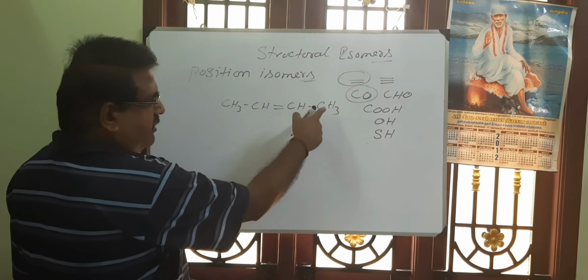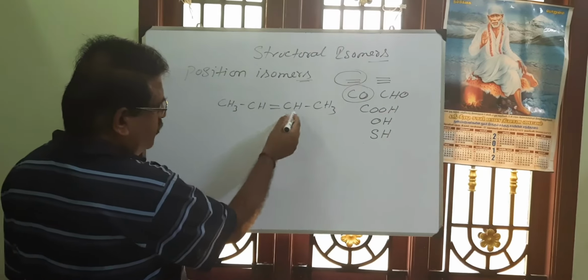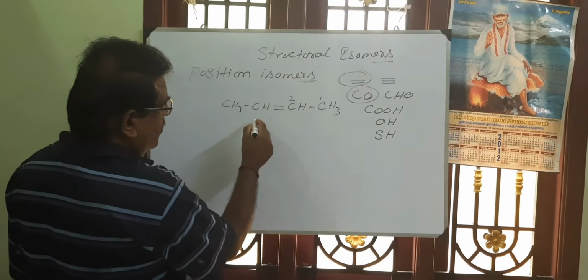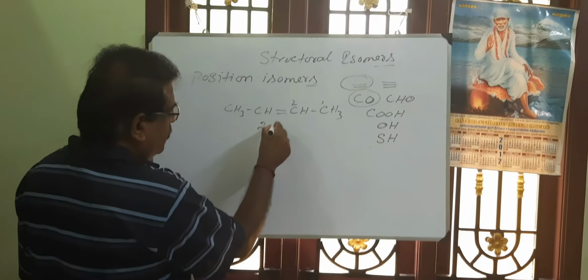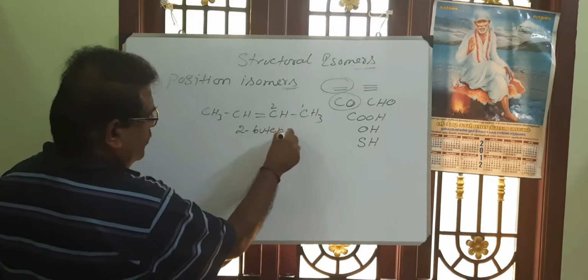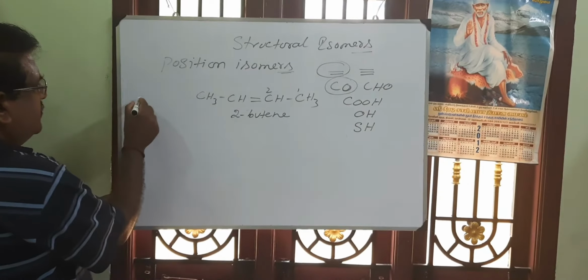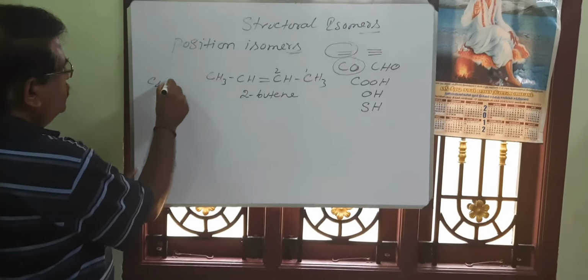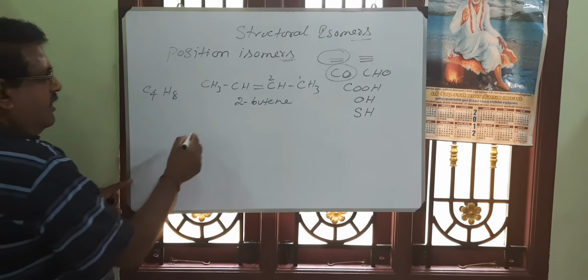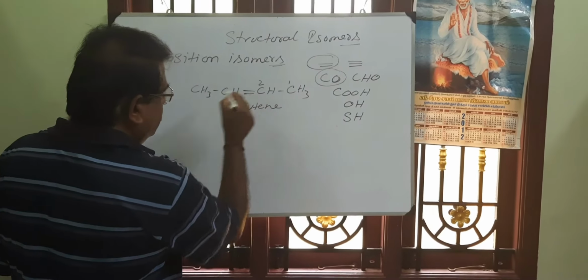A double bond is there, so butene, and it is present on the second carbon atom, so the molecule is named 2-butene. The molecular formula is C4H8. The functional group is a double bond.